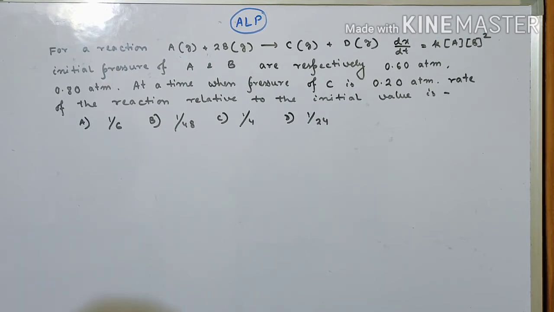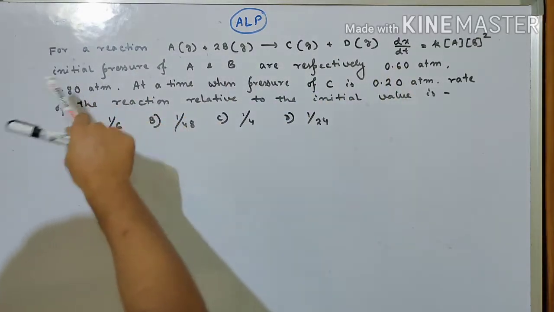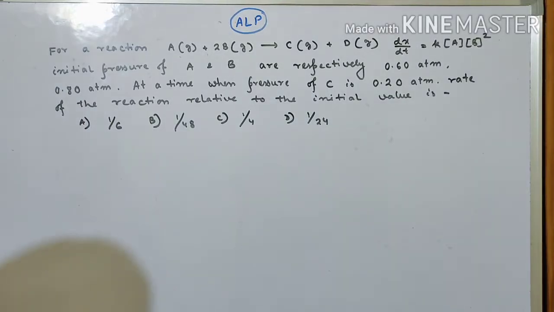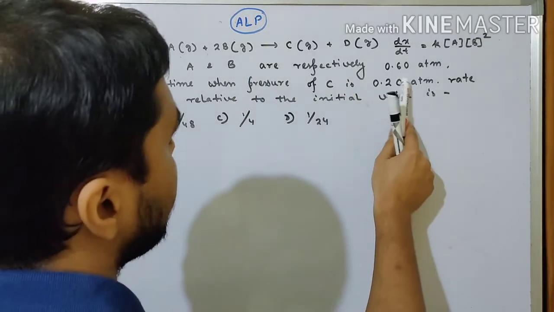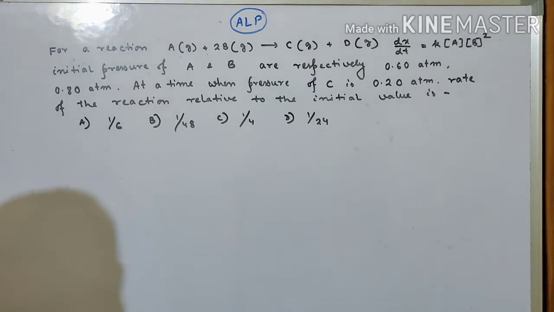Now we have to solve it. Remember, few informations are already given. These initial pressure values are given, and it is asked that after a certain time when the pressure is this much of C, what will be the rate of the reaction relative to the initial value. So let us try to solve it.